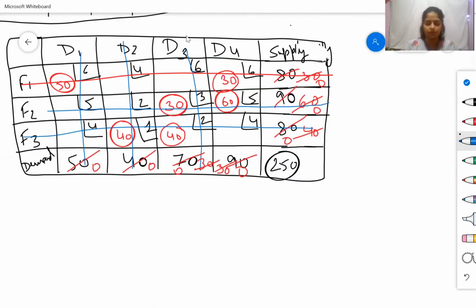Now we have to find out the basic feasible solution. How did we find the basic feasible solution for the NWCM method?